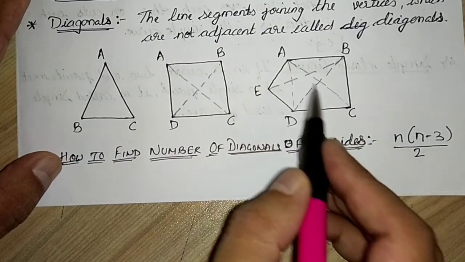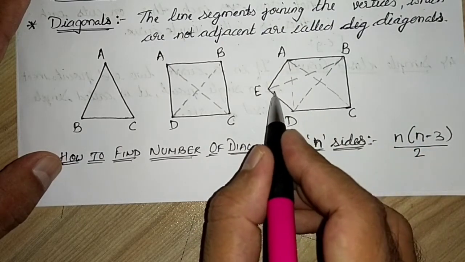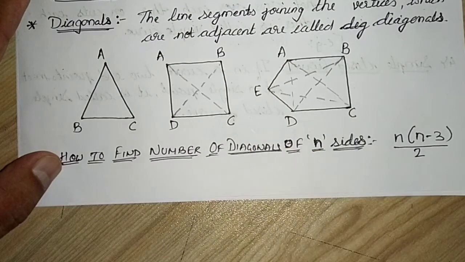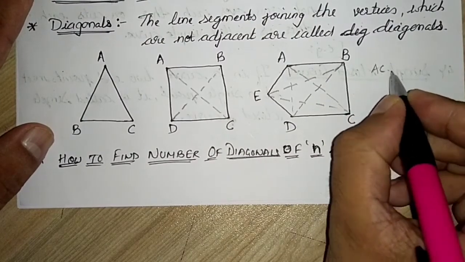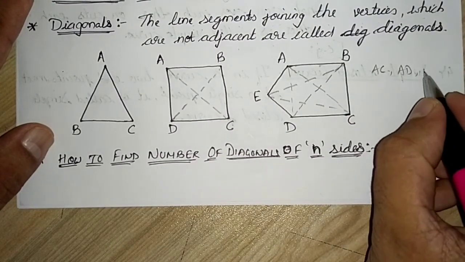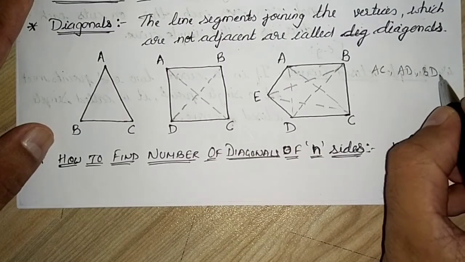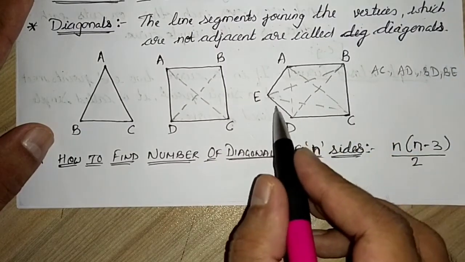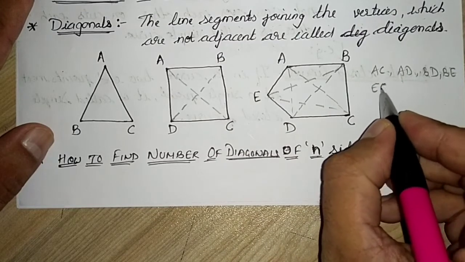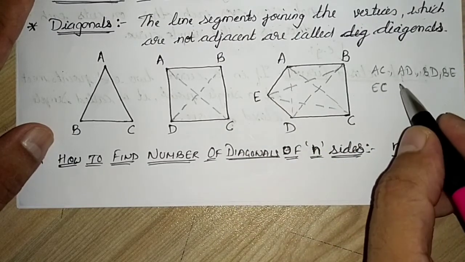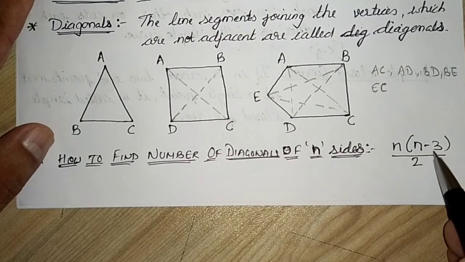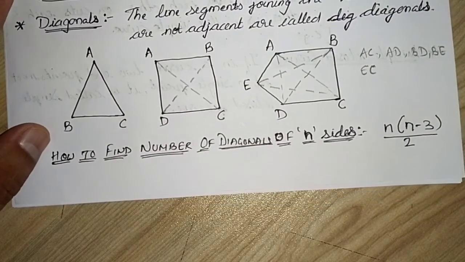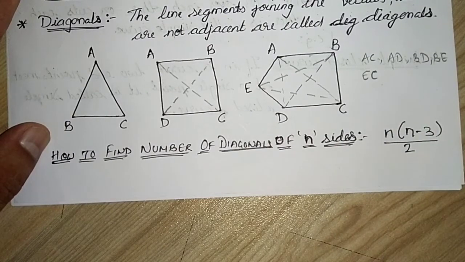So definitely A, already joined, and E are the diagonals, right? For the pentagon it is AC, AD, BD, BE, EC. Okay, so these are our diagonals for the pentagon.